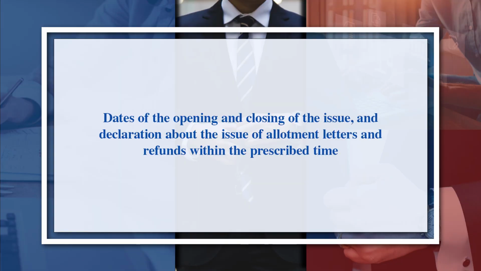Dates of the opening and closing of the issue and declaration about the issue of allotment letters and refunds within the prescribed time. A statement by the Board of Directors about the separate bank account where all the monies received out of the issue are to be transferred, and disclosure of details of all monies, including utilized and unutilized monies out of the previous issue in the prescribed manner.